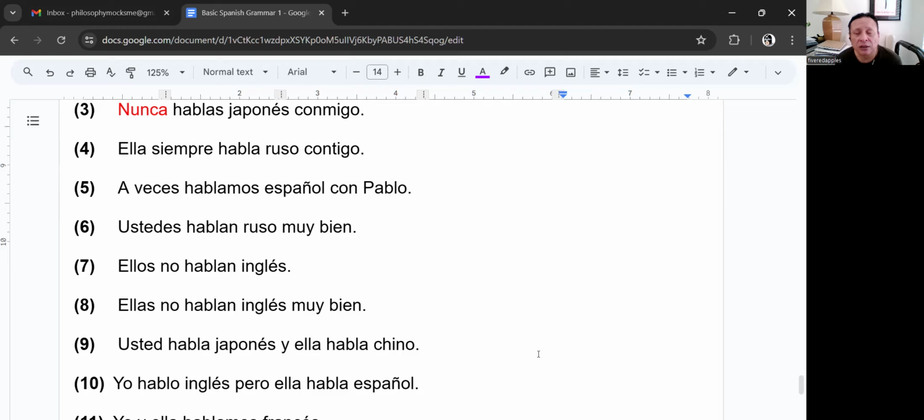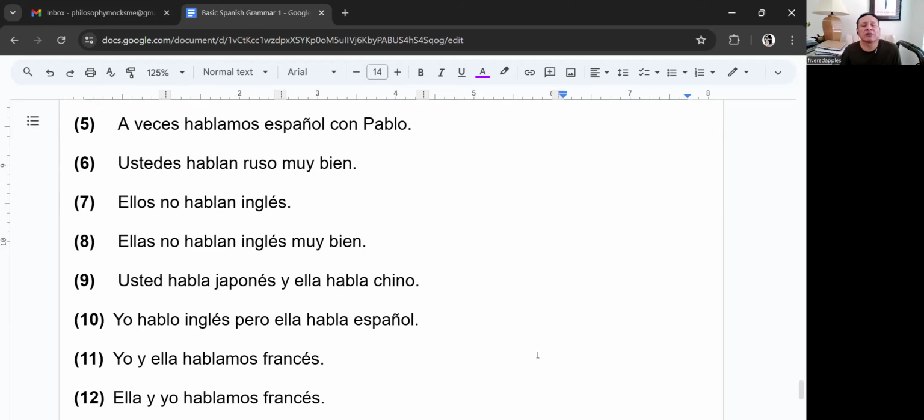And muy bien. I feel like almost everybody knows muy bien, like all Americans know muy bien and gracias. So you guys speak Russian very well. And notice that in English, we would say you speak Russian very well. We can put the very well at the end, and that's where it is in Spanish. That's good Spanish.